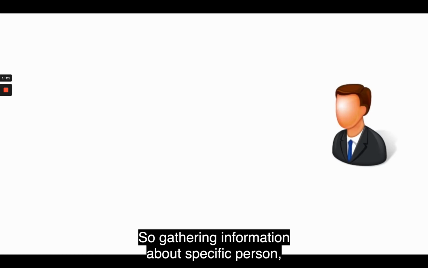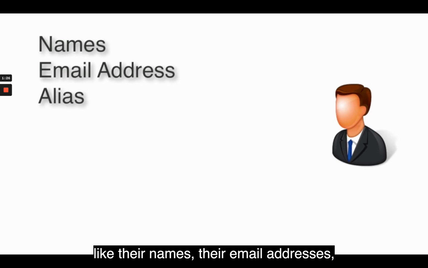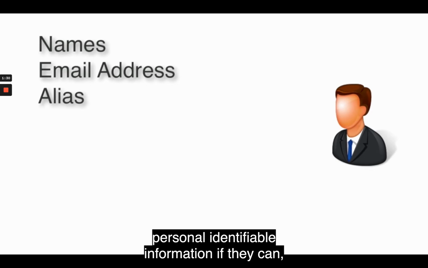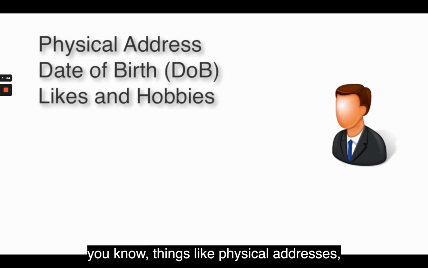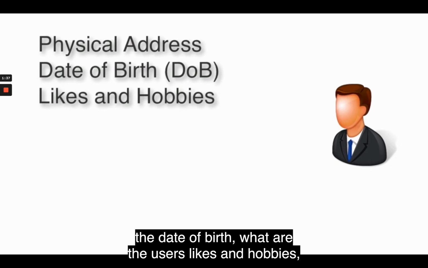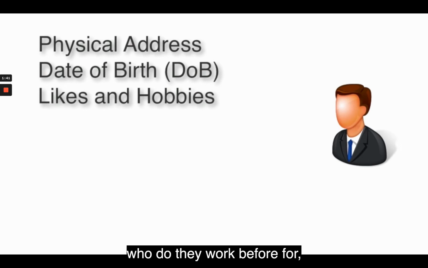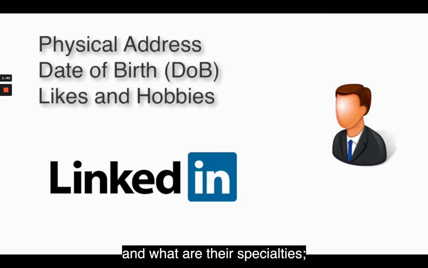so gathering information about a specific person, like the names, the email addresses, any type of aliases they have used, personal identifiable information if they can, things like physical addresses, the date of birth, what are the user's likes and hobbies, who did they work for before, and what are their specialties.